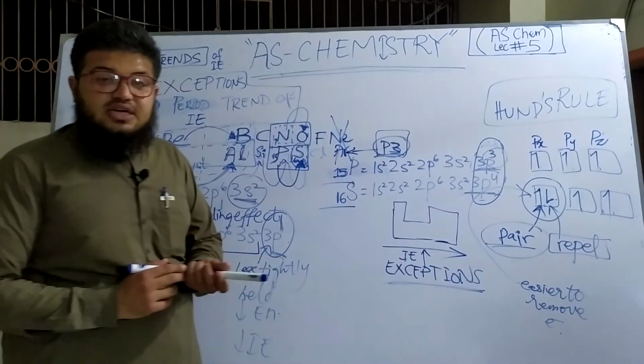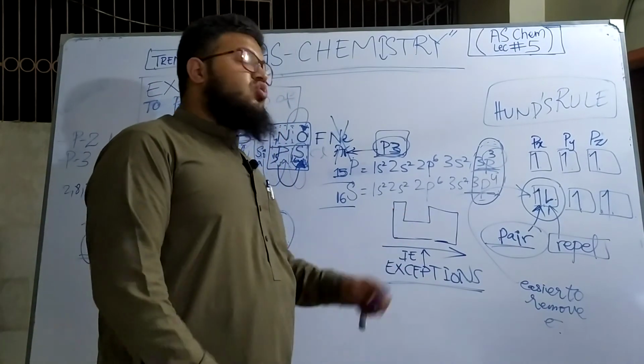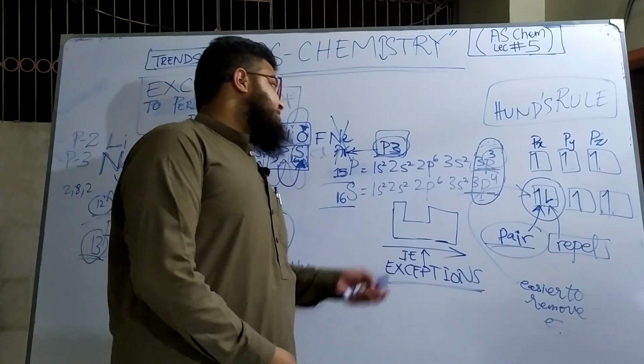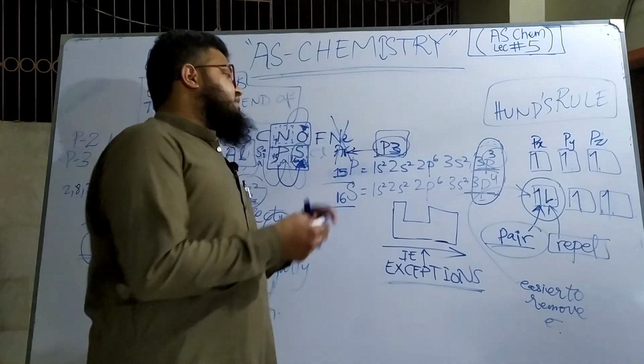And if it becomes easier to remove the electron, then again ionization energy decreases. So what are you going to explain to the examiner if he asks you why there is the exception, why does sulfur have a lower ionization energy as compared to phosphorus?